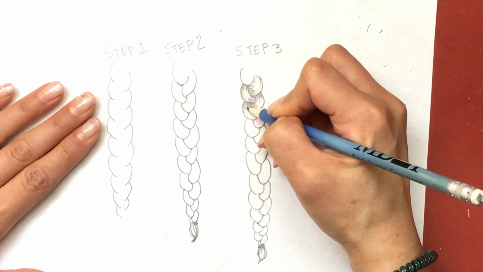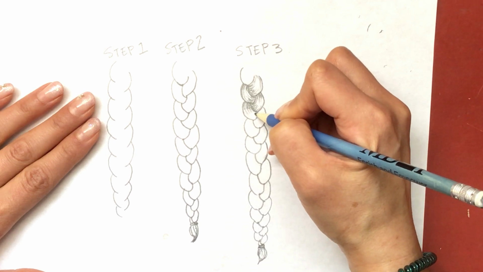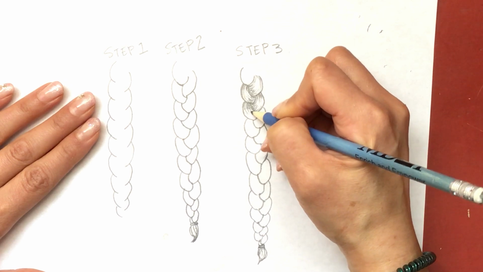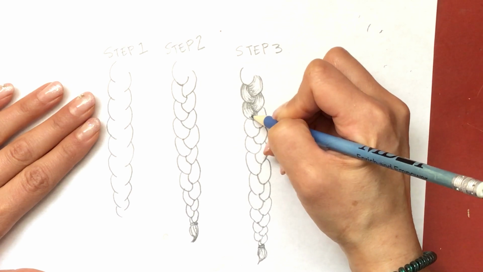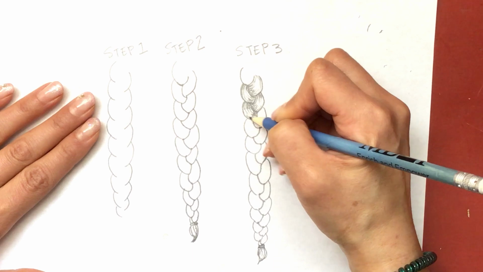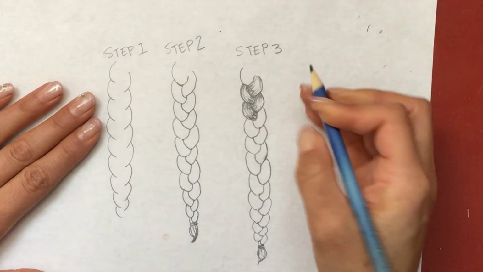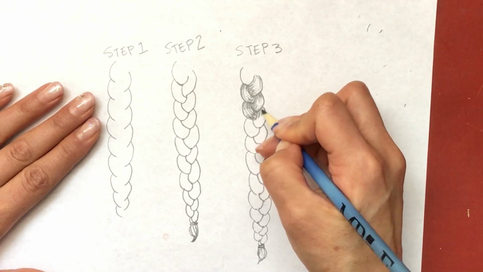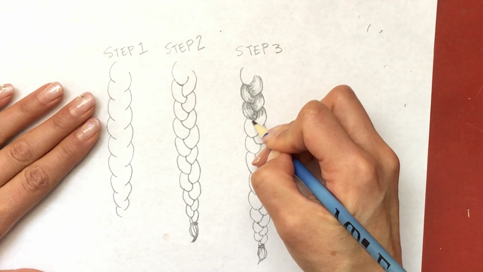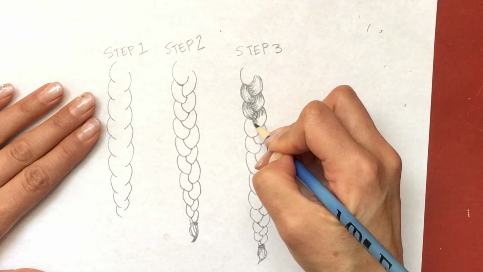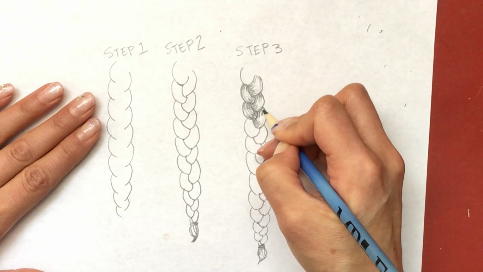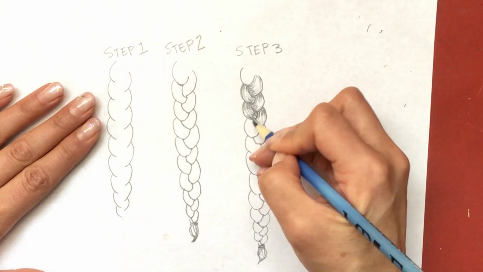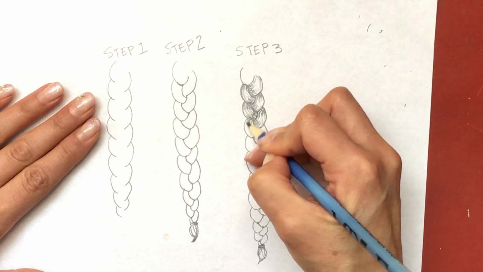Now it's lighter in this section, and then it's going to dive back under this piece, so it's getting covered up again at the bottom, and therefore it will have more shadow. So with this mark making and shading technique to help us illustrate the light and the way the hair is moving, it gives us a more realistic drawing of braided hair.